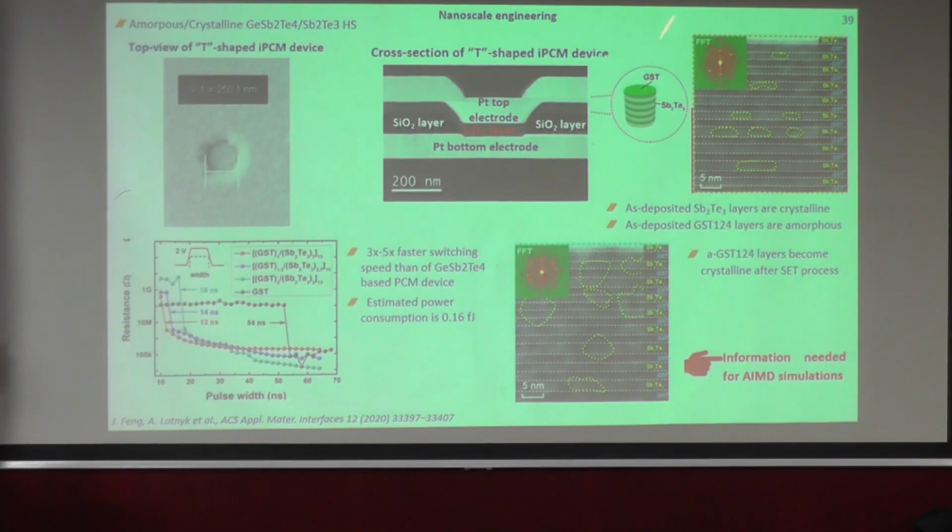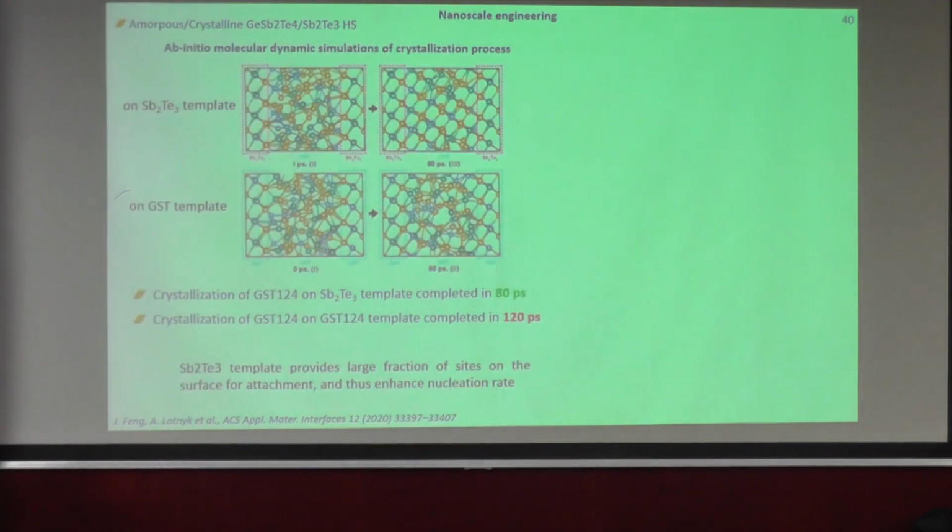You know the state of your layers: the antimony telluride is crystalline, nanocrystalline, and the GST is amorphous. This brings you to the idea that you can make such a stack consisting of crystalline antimony telluride and amorphous GST in between.